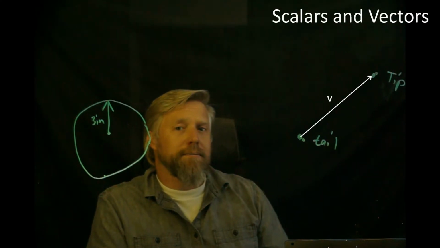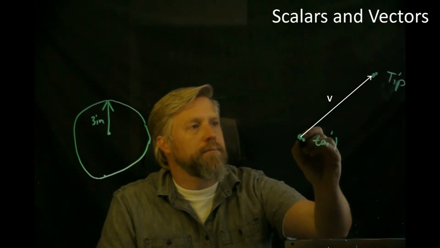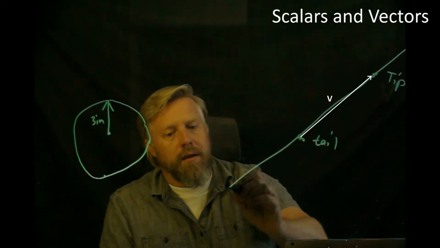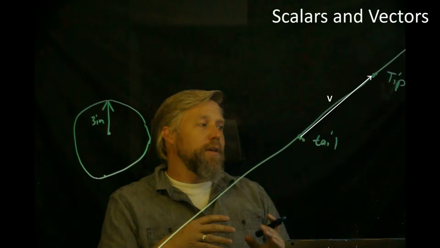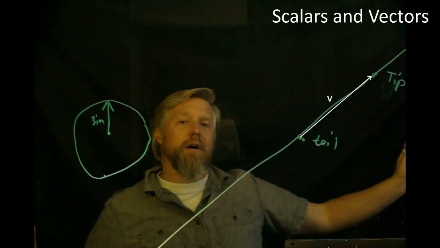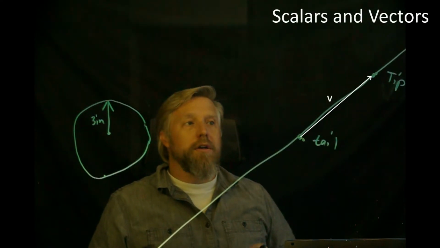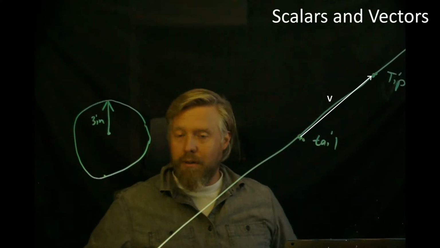A line that connects the tip and the tail is called the line of action. And you can picture that line extending to infinity in both directions. The line of action is not the same thing as the white line of the arrow. The line of action is an infinitely long line that sets the direction of the vector. You notice the white line of the vector has a magnitude.